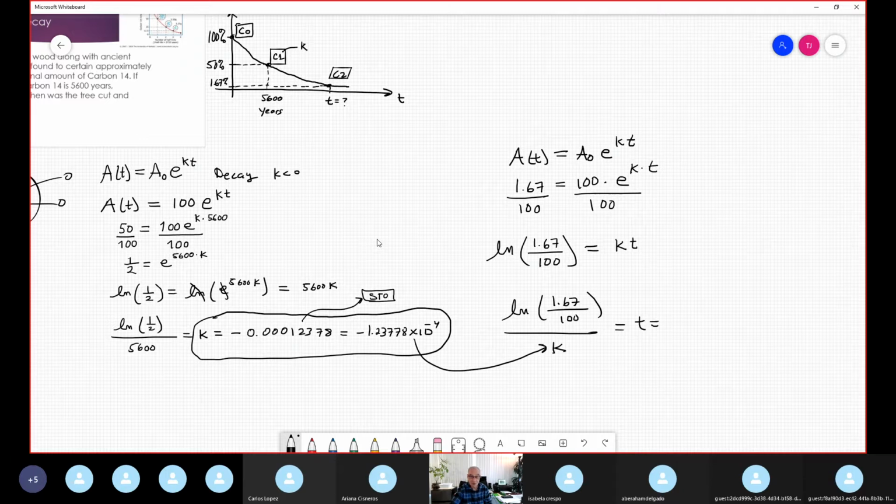Put in the calculator one more time. I have 33,062 years. This is the age of this piece of wood.